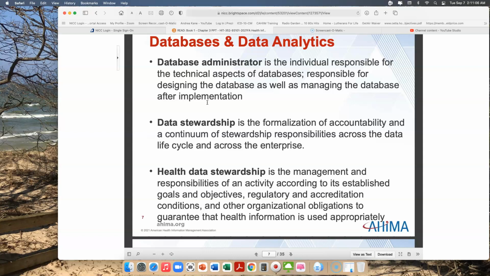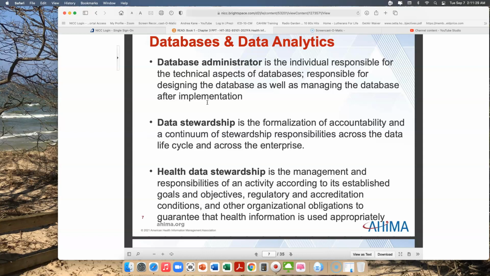A database administrator is the individual responsible for the technical aspects of databases, responsible for designing the database as well as managing the database after its implementation. A data steward or data stewardship is the formalization of accountability and a continuum of stewardship responsibilities across the data's life cycle and across the enterprise.